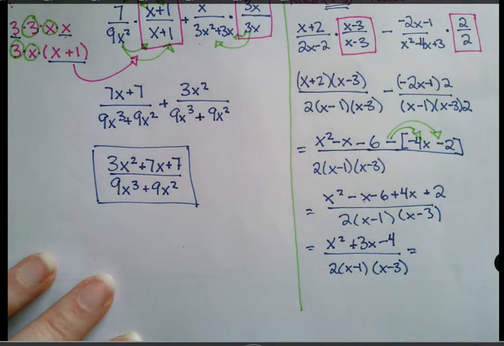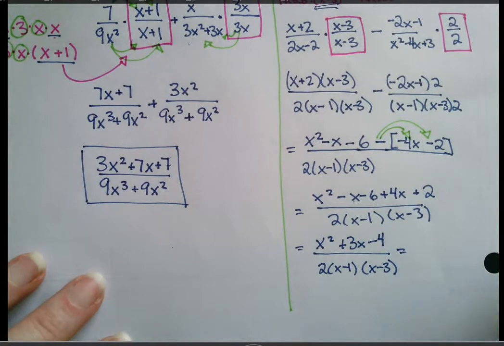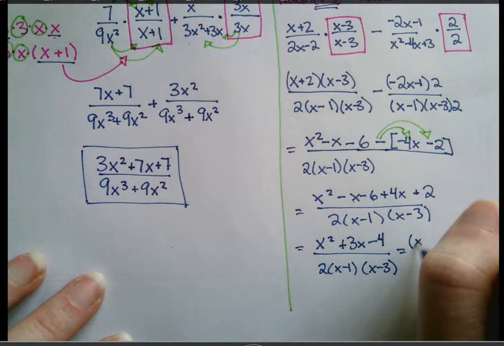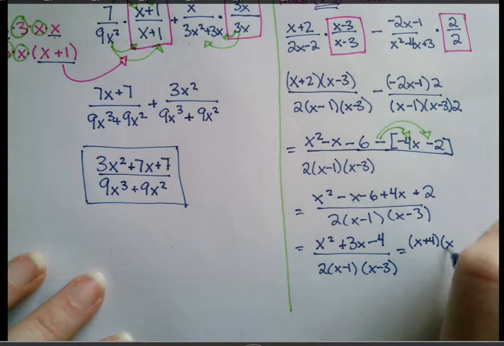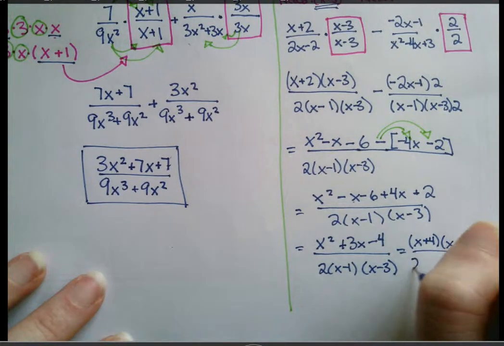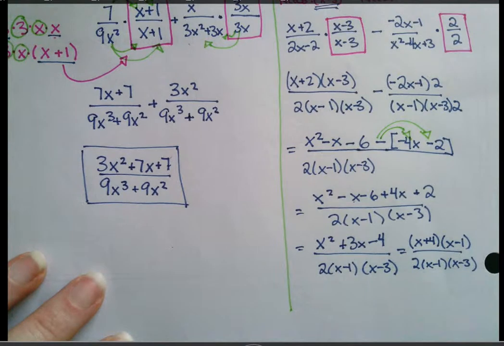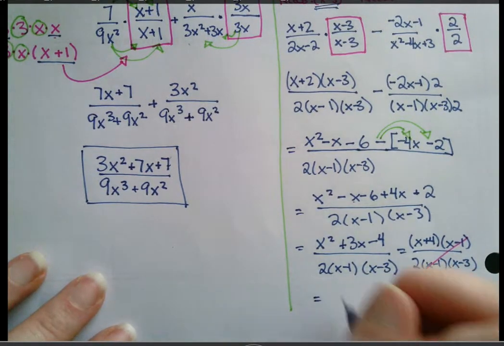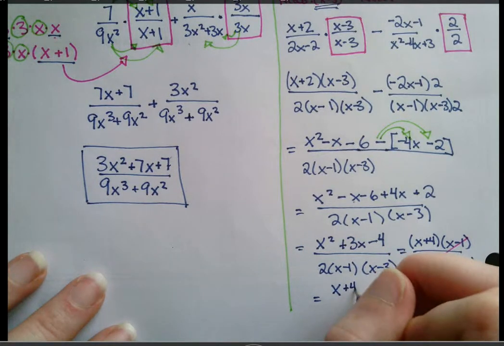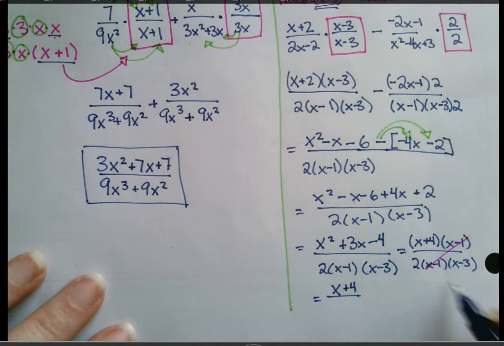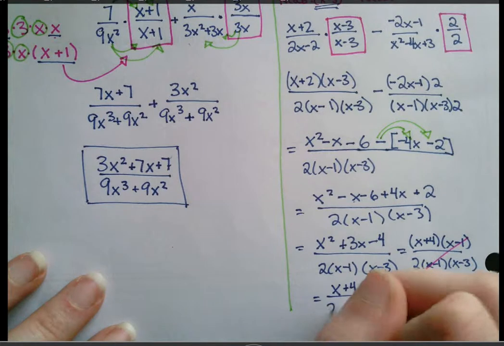Well, if I factor the top here, I actually end up with an x plus 4 times an x minus 1, over that 2 times x minus 1 times an x minus 3. So I can cancel these out. Final answer is an x plus 4 divided by, well, if I factor this 2 into here, it's a 2x minus 6.